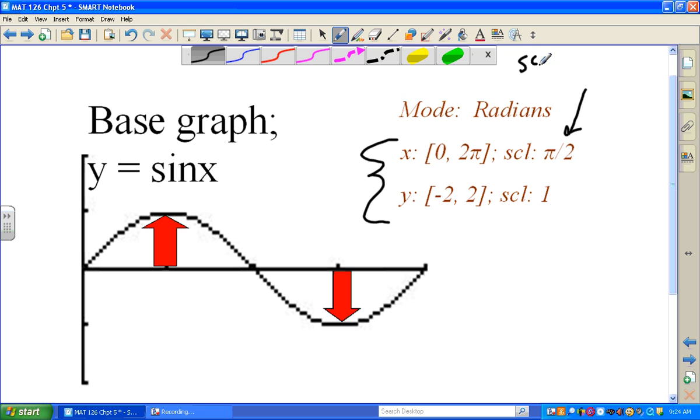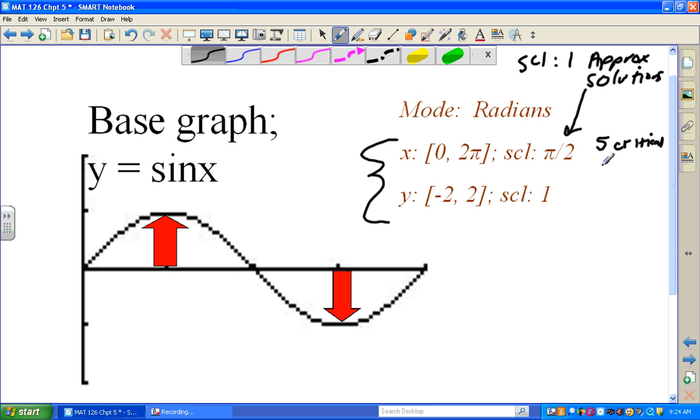The scale yesterday was 1 because I was approximating solutions. Anytime I approximate solutions, I go back to the scale of 1. Anytime I'm sketching a graph, I go to pi over 2. Why? That gives me the 5 critical values. Yep, this is for sine.